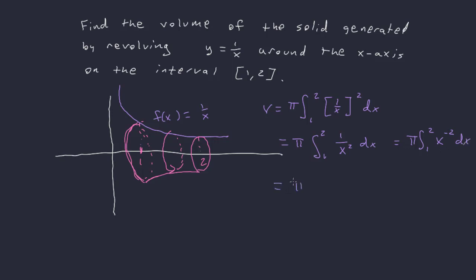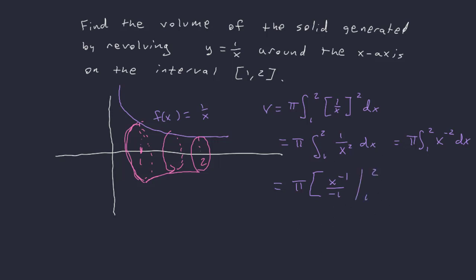All right, so we get pi times, let me simplify this. We can integrate with just the power rule, and that's why I wrote it as x to the negative 2. So it's x to the negative 1 over negative 1, evaluated from 1 to 2.